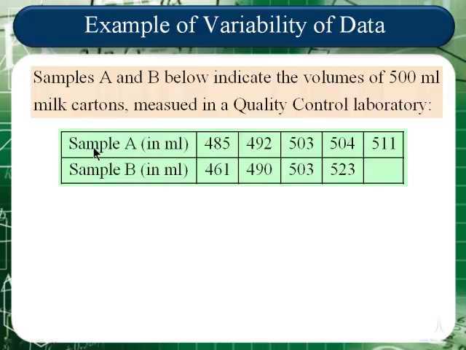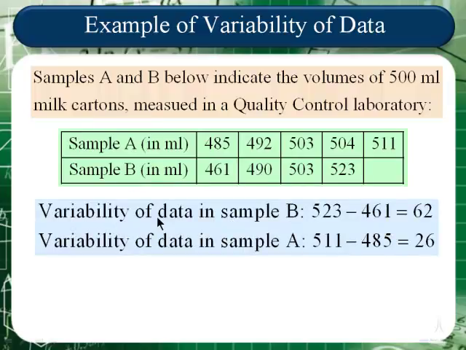You find that if we went to factory A, he selected 4 milk cartons, and this was the actual volumes in the 500 milliliter milk cartons. While in factory B, this was his findings.